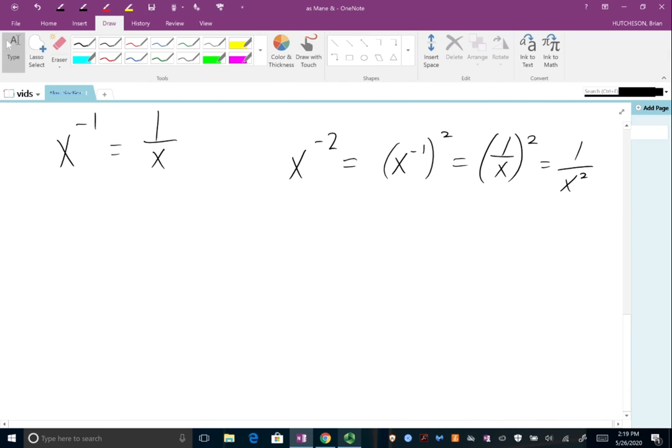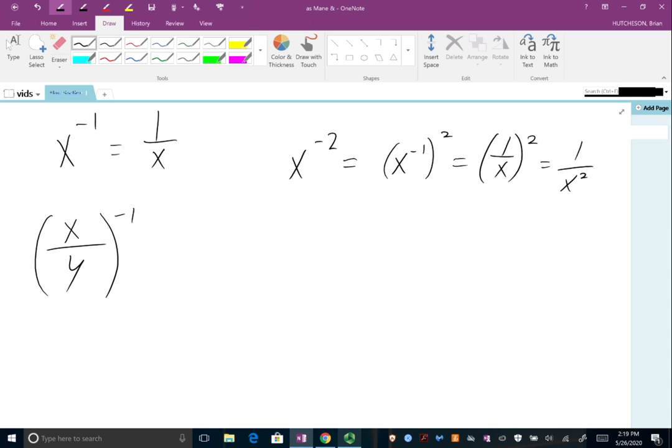So before we do a true blue, all-out example, I've got one more of these exponent rules. If you ever see something a little more complicated with parentheses around it raised to a negative something power, well, you don't even have to play keep or move it.